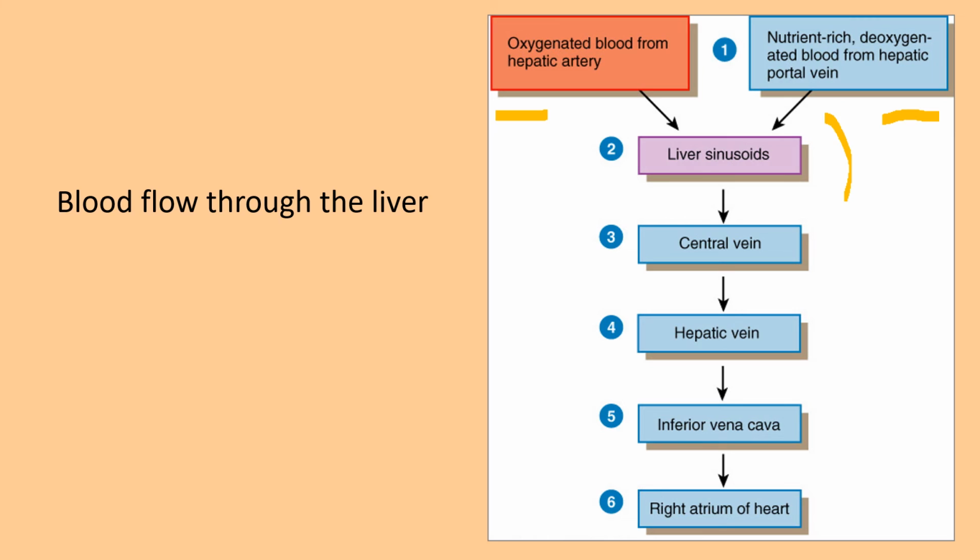They're called Kupffer cells, and these macrophages are capable of taking up cellular debris, microbes that might have accidentally crossed the wall of our GI tract and gotten into our blood. The macrophages are able to capture them. And so as that blood passes through the liver, these liver sinusoids, it's then returned to general circulation. This is venous circulation back to the heart.